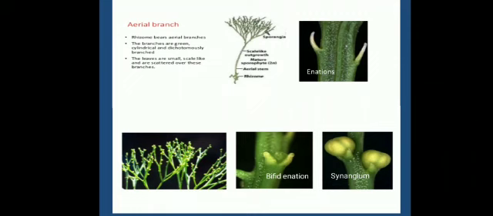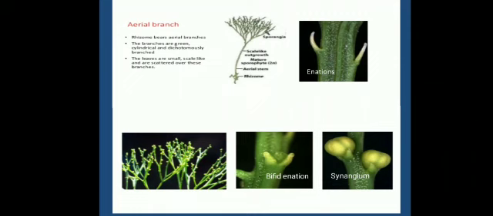The aerial branches bear the synangia and enations. The aerial branches, as I told you earlier, are green in color and photosynthetic because there are no leaves.